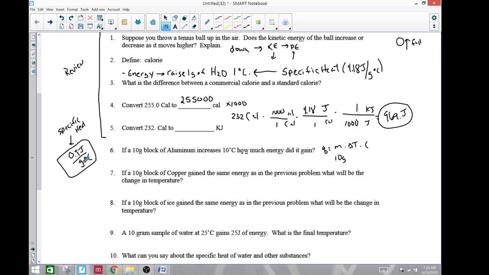It's on here. It's grams, Celsius, joules. Joules, grams, Celsius or Kelvin, and specific heat. All right, this is 10. This is 0.9. And away we go. This is pretty easy. So 10 times 10, 100, times 0.9 is just 90.